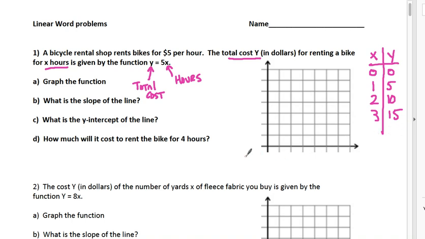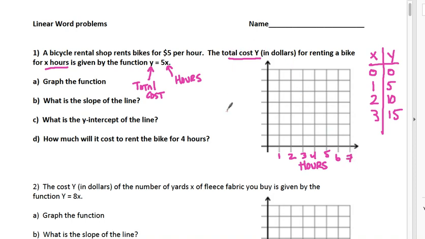Okay, now what we're going to do is graph the function. So x goes on the x-axis. That's hours, the amount of hours we're renting the bike. So we can rent the bike 0, 1, 2, 3, 4, 5, 6, 7.